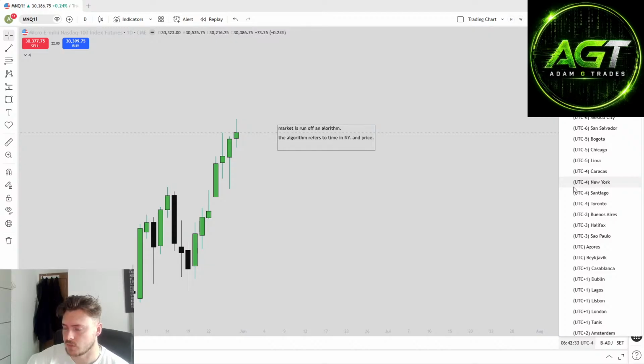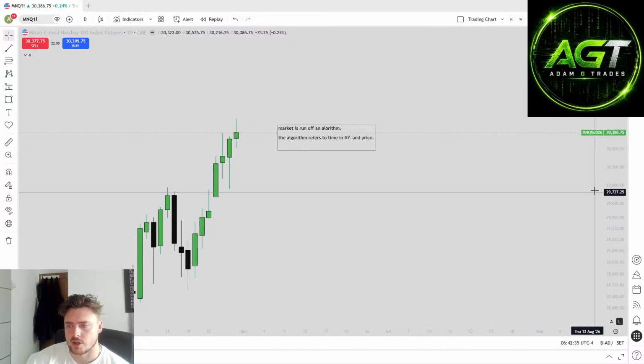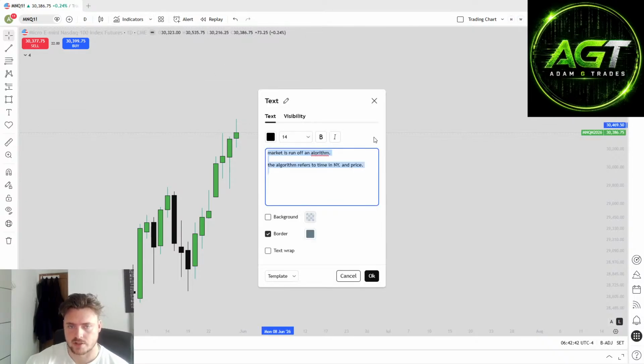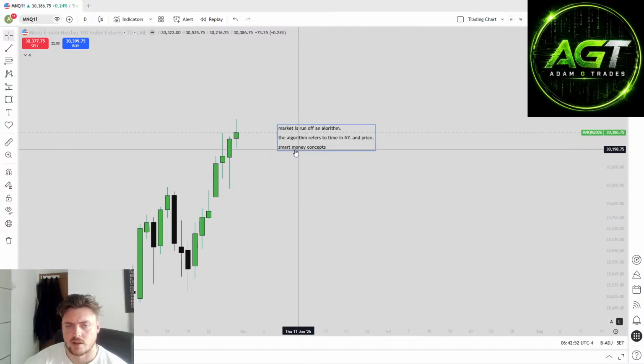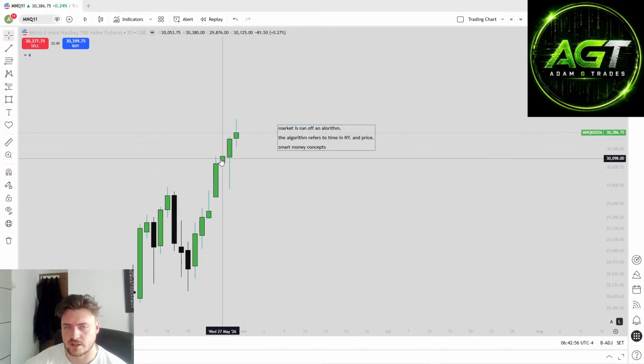Okay. So what we're trying to do as traders is become part of smart money. So what I'm going to teach you is smart money concepts. Smart money concepts are basically when you're looking at the chart and you're looking for how the algorithm is using the candlesticks. So for example, here we have a fair value gap and it goes higher.